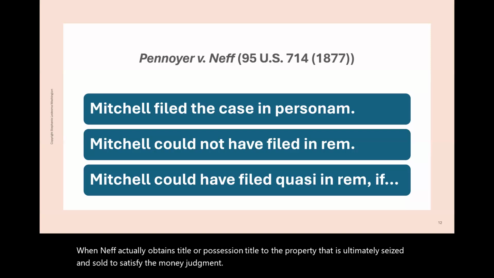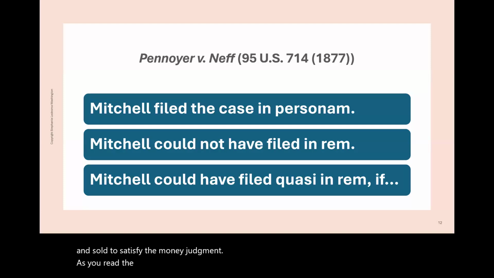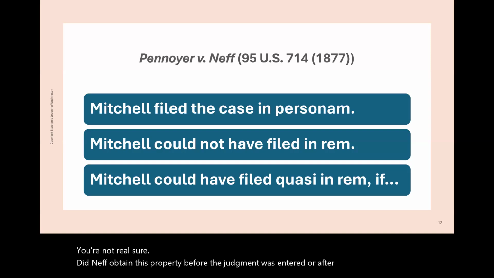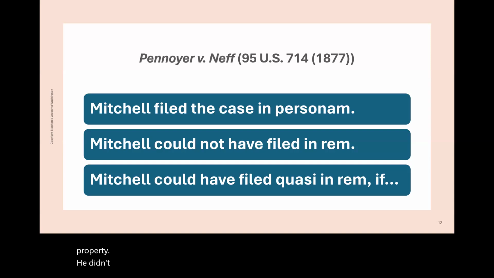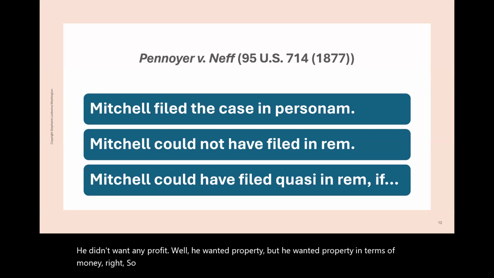As you read the actual opinion, you're not real sure. Did Neff obtain this property before the judgment was entered or after the judgment was entered? Well, we don't need to worry about any of that because Mitchell didn't want the property. Well, he wanted property, but he wanted property in terms of money, right? So he couldn't have filed in rem.